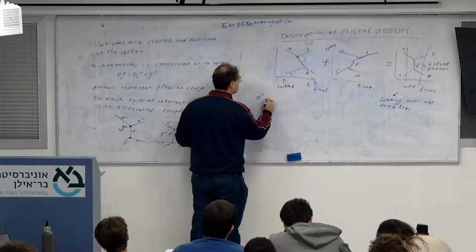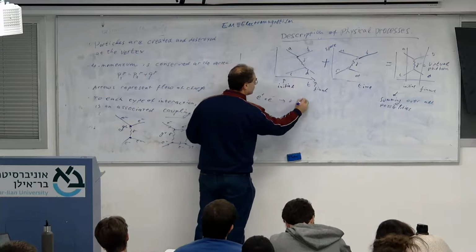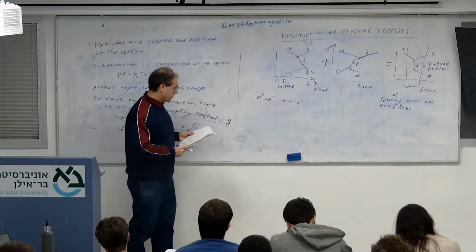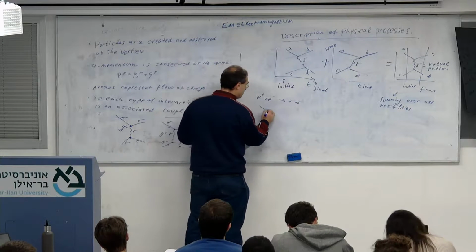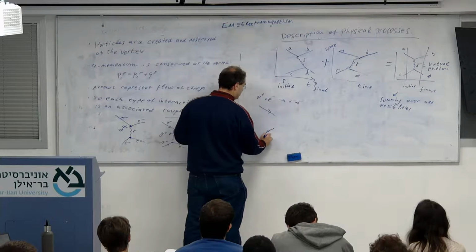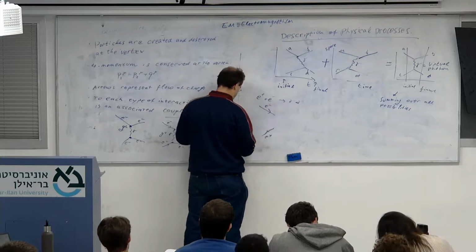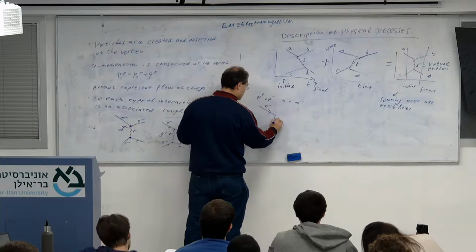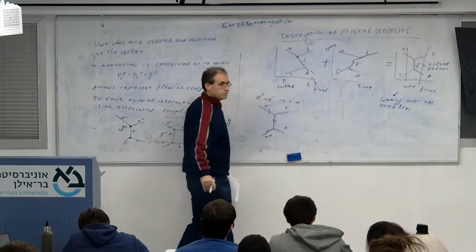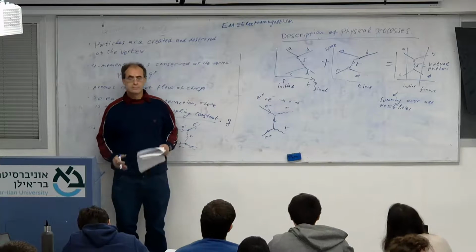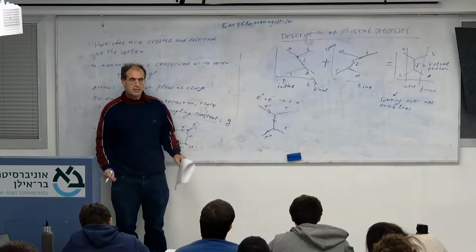So e plus and e minus go into photon and photon, right? I can draw it like that. e plus, e minus, gamma and gamma. If I want to describe scattering.